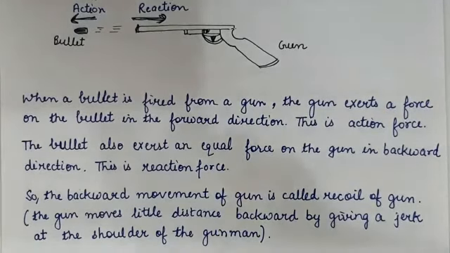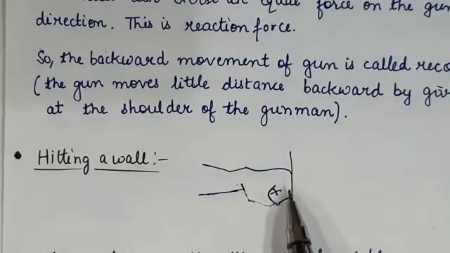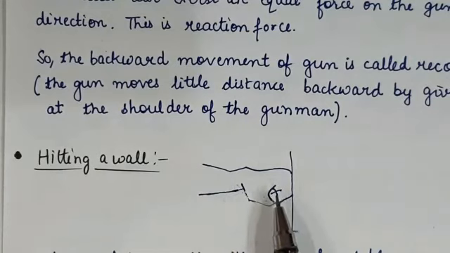Clear, students? Let us take third example, hitting a wall. If you hit a wall, what happens? If you hit a wall with your hand or legs, you get hurt. Why? Because you hit a wall with a force.